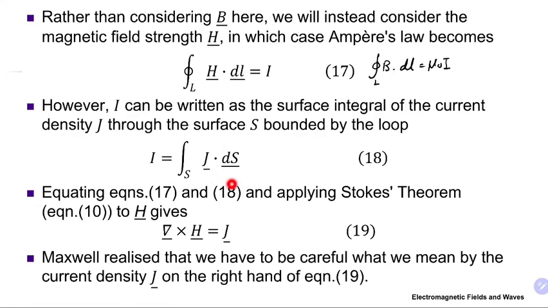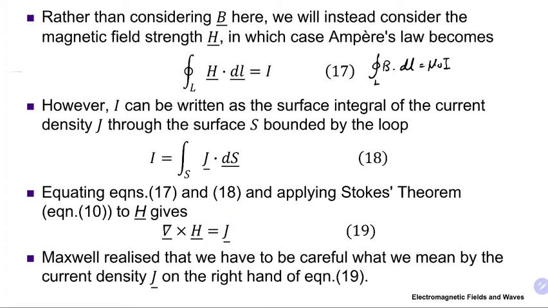We have a current density, so the total current is found by integrating over the surface where the current is flowing. And then again, applying Stokes' theorem, we end up with the curl of the magnetic field intensity equal to the current density. But that is not all to it, because there is something more to that equation.